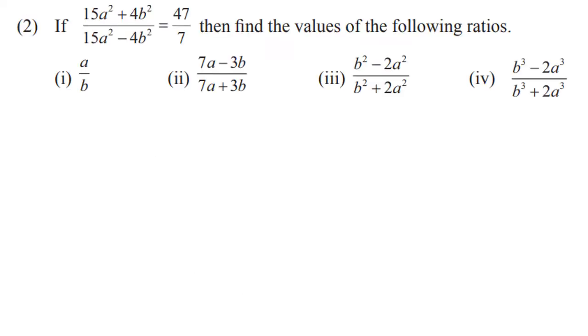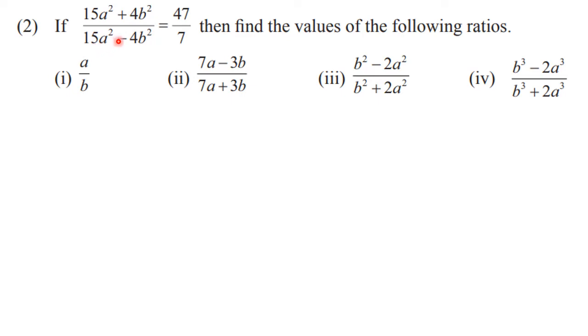Now we are moving towards question number 2, which is little bit different. From the first question, 2 questions I have discussed, and remaining 2 you will solve as homework because they are exactly similar. Now in question number 2, value of a upon b is not given. Instead we have to find it.